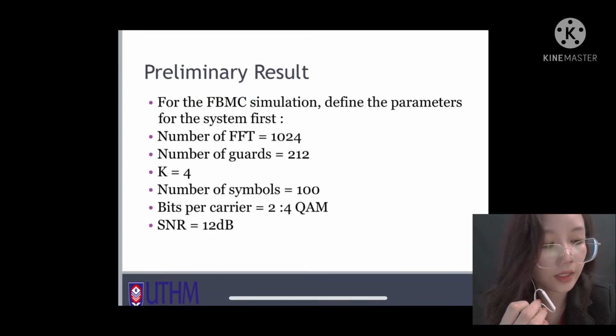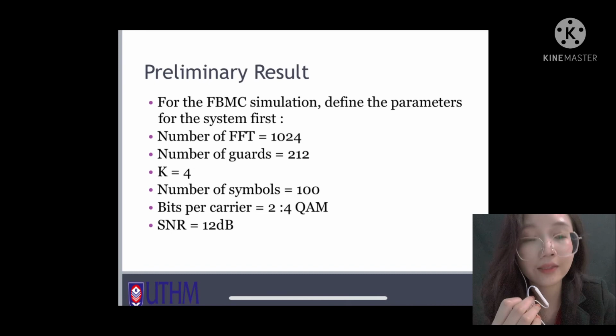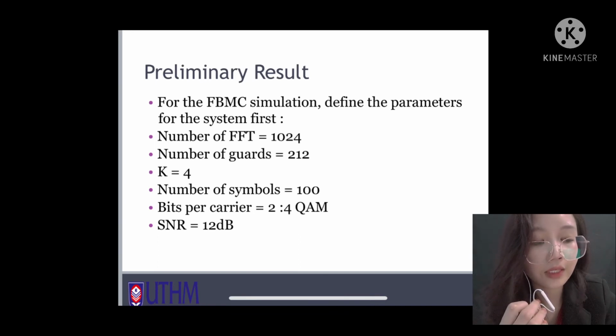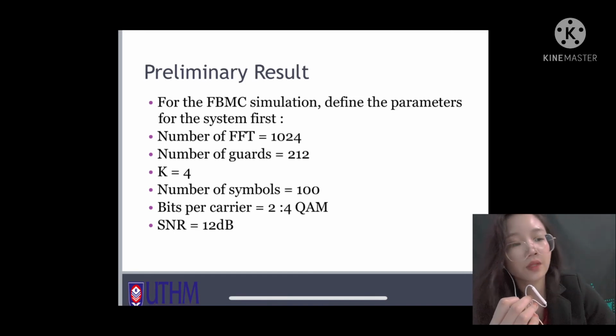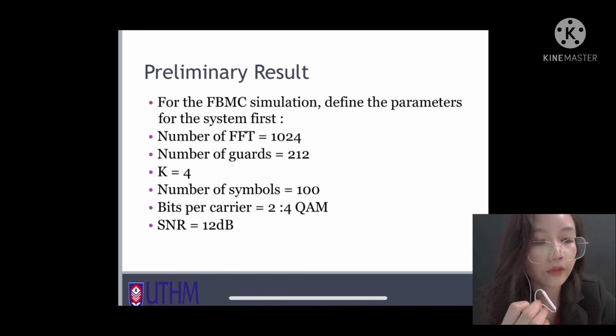And then next is the preliminary result for this project, starting from defining the parameters of the system. For the FBMC simulation, I decided to use number of FFT of 1024, number of guards 212, and K of 4.